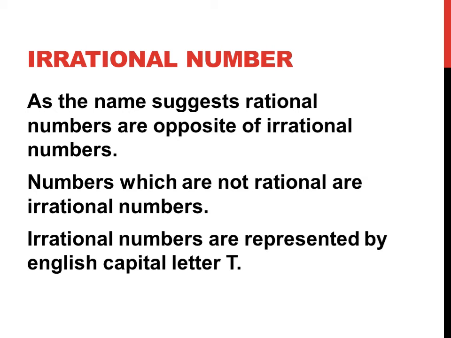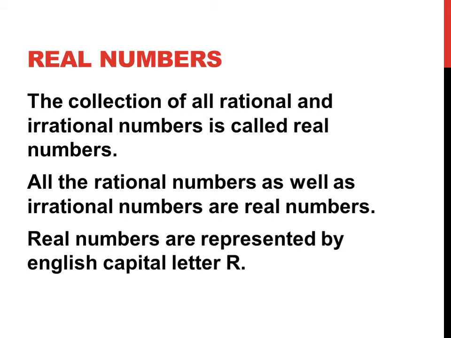Fine, moving ahead. Now comes real numbers. What is the real number? The collection of all the rational and the irrational numbers is called the real numbers. Suppose we have a bag, named bag A, which contains all the rational numbers. Then we have the second bag named B. The bag B contains the irrational numbers.